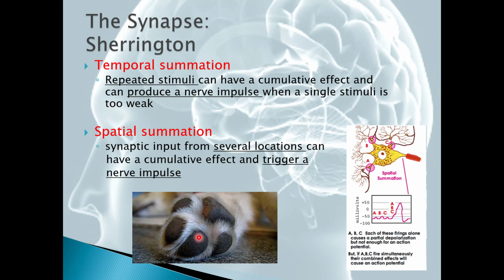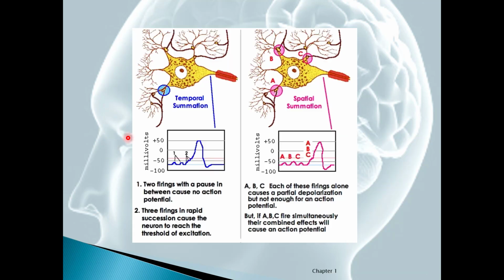We pinch point C, not enough. But if we do 1, 2, and 3, or A, B, and C, all at the same time, so now it's at the same time but in different spaces for spatial summation, we get to threshold and we have an action potential. So A, B, and C firing simultaneously, so different locations firing simultaneously gives you spatial summation.